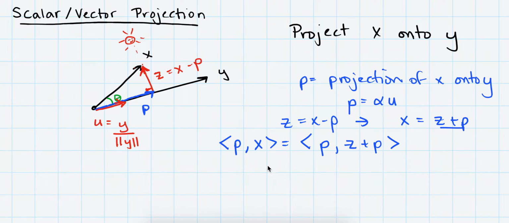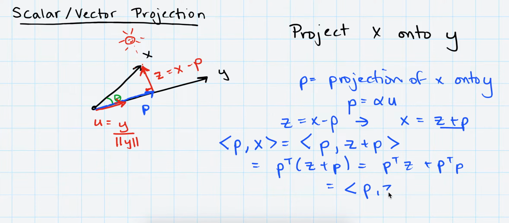This is actually linear. This is a linear transformation here. But we can write it out. This is p transpose times z plus p, which is p transpose z plus p transpose p. So what I'm saying is this is the same thing as the inner product of p and z plus the inner product of p and p.